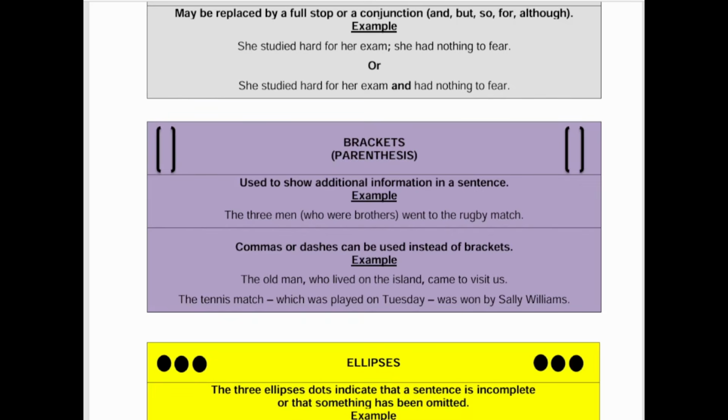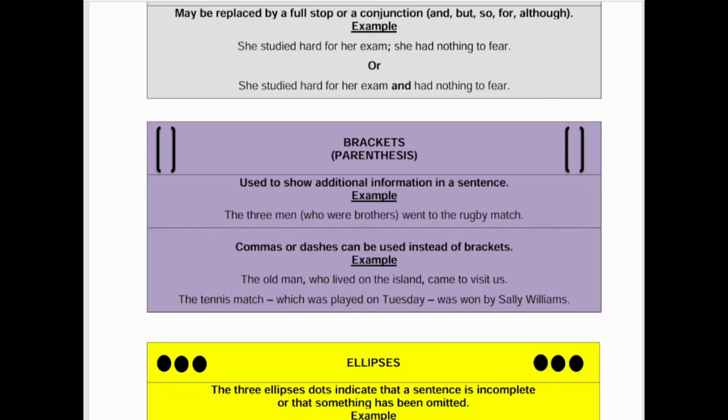Scored the winning goal. Example, the three men who were brothers went to the rugby match. You can see from that statement, those three men, they have added more information. They were brothers. So who were brothers has been put in bracket.